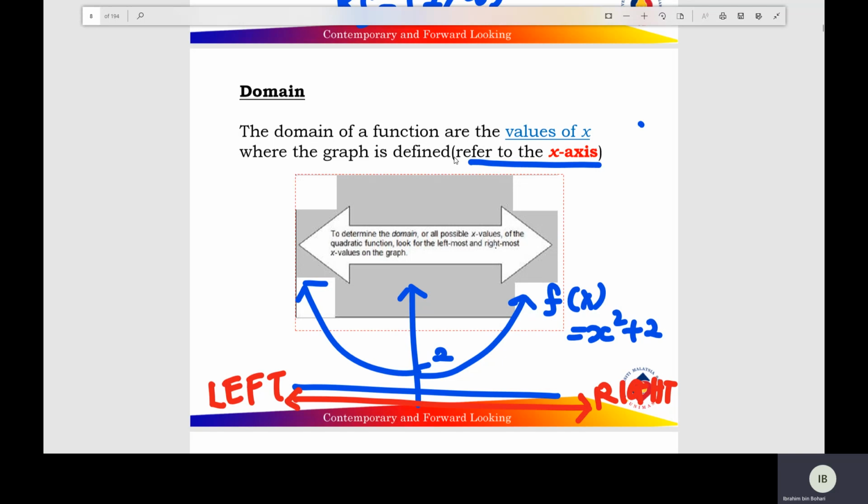So you state the domain of the quadratic function, from the left of the function, negative infinity to positive infinity. So the domain of the quadratic function is defined for all real numbers.